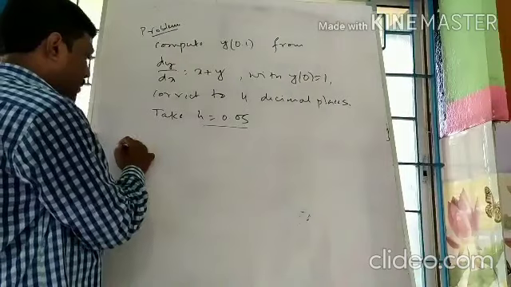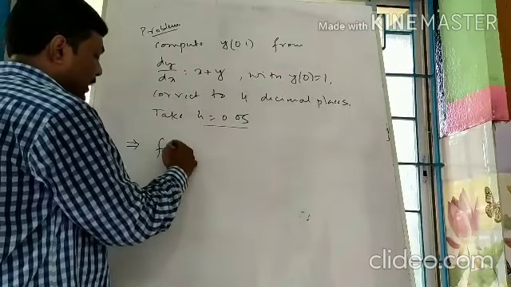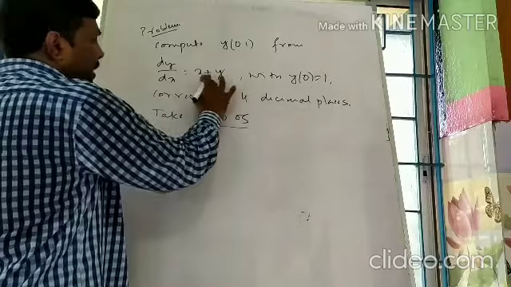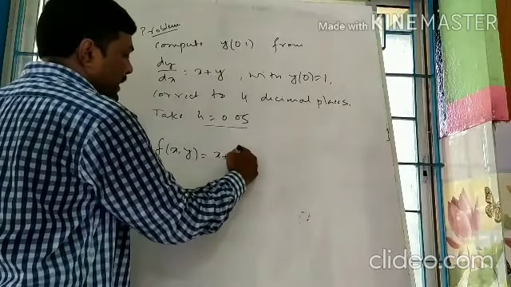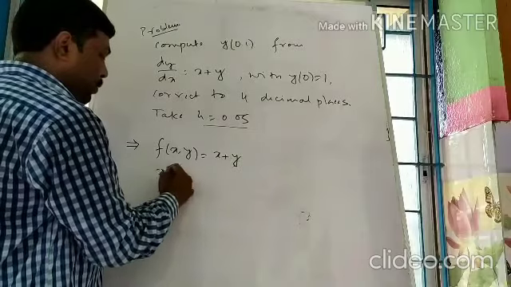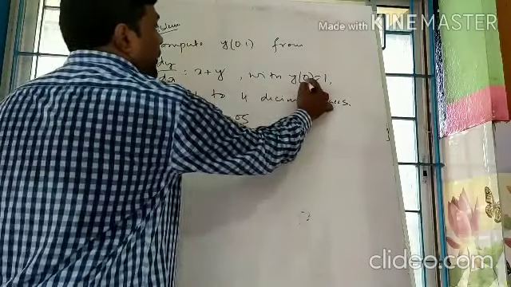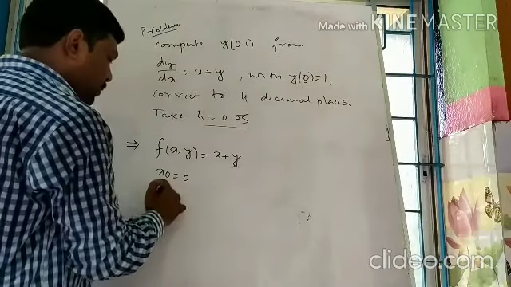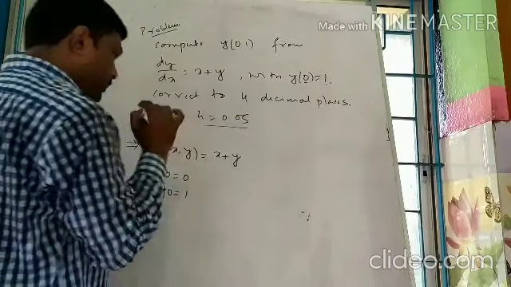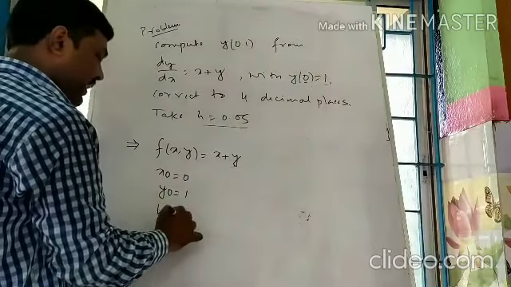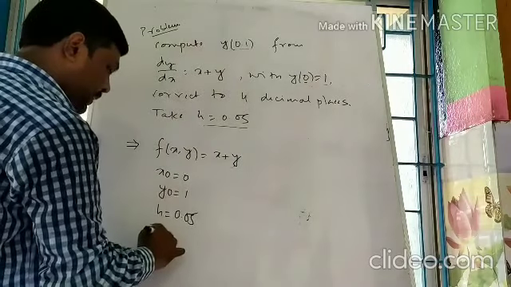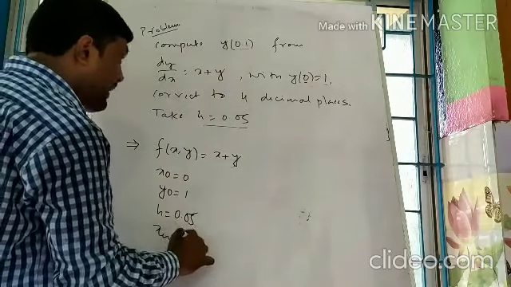So for this problem, what is f of x comma y? f of x comma y is x plus y. Now what is x0? x0 is 0. What is y0? y0 is 1. h is 0.05. xn is 0.1.